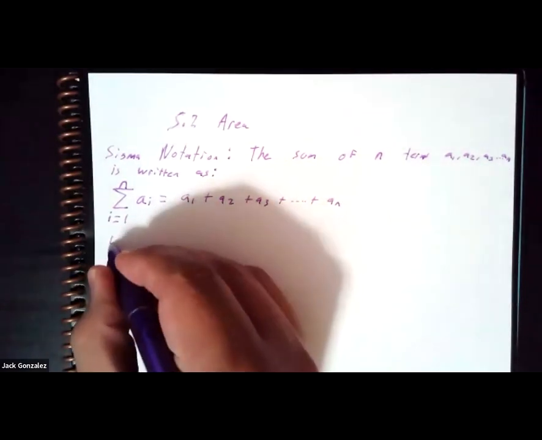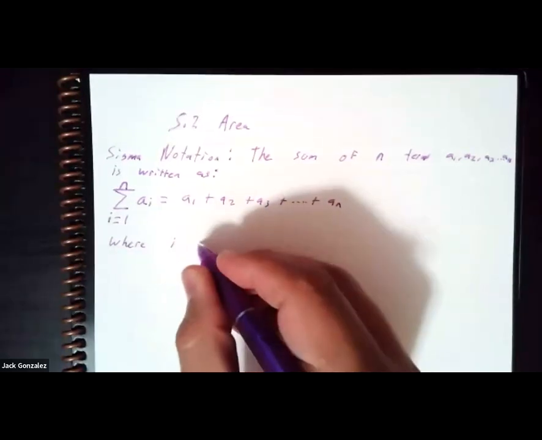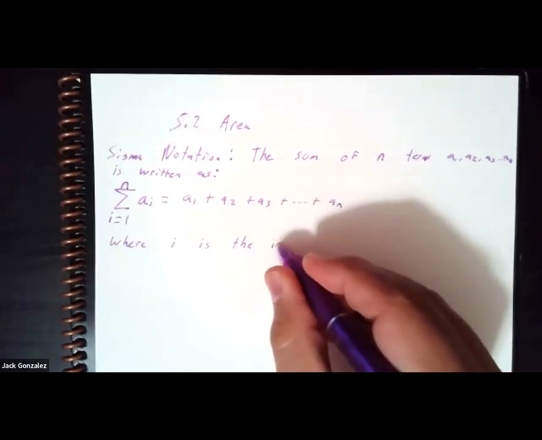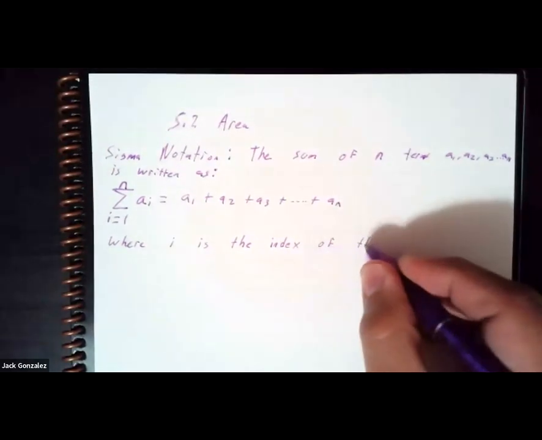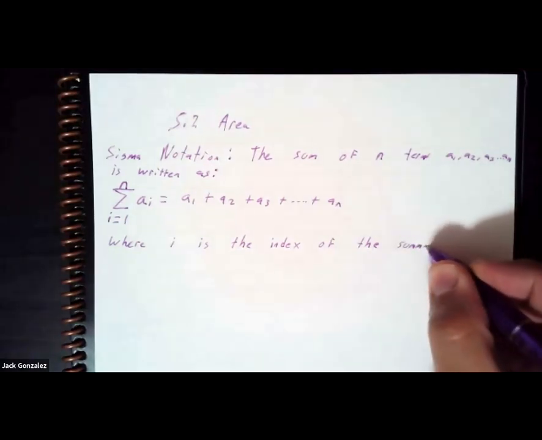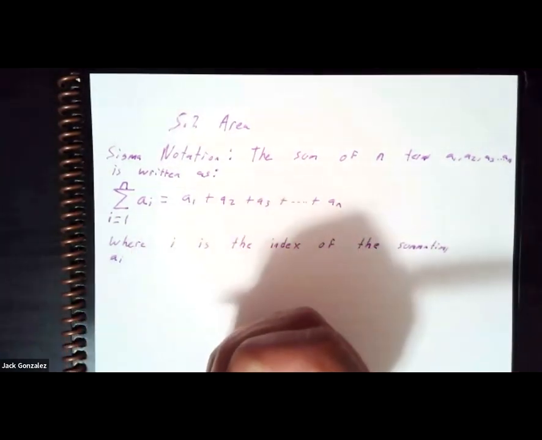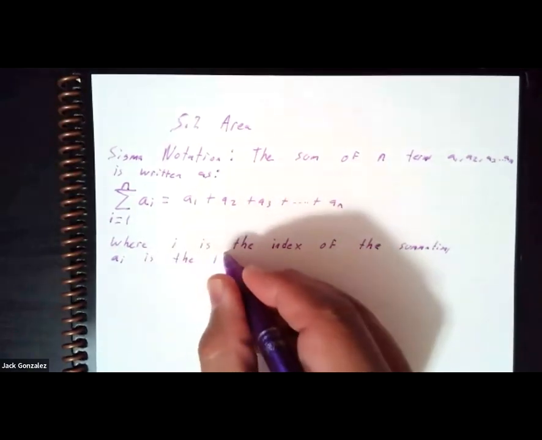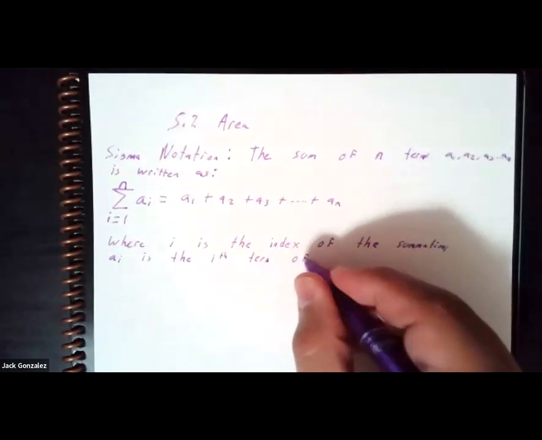Okay, so where i is the index of the summation, A sub i is the ith term of the sum.